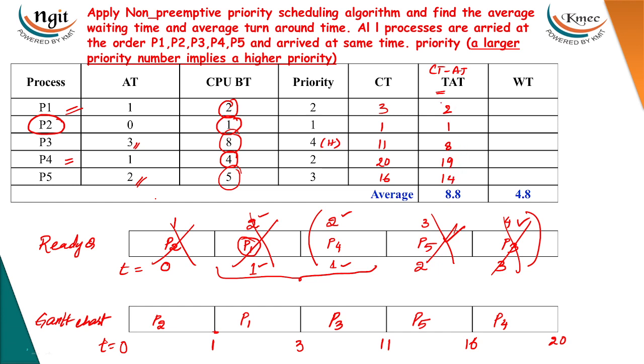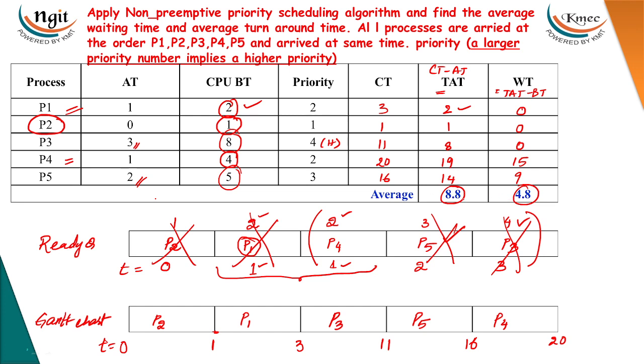Then you can write the waiting times. What is the formula for waiting time? Turnaround time minus CPU burst time. So it will be 2 minus 2 is 0, again 1 minus 1 is 0, again 8 minus 8 is 0, again 19 minus 4, it will be 15, then 14 minus 5 is 9. So finally you will get these values. I have already written these values.